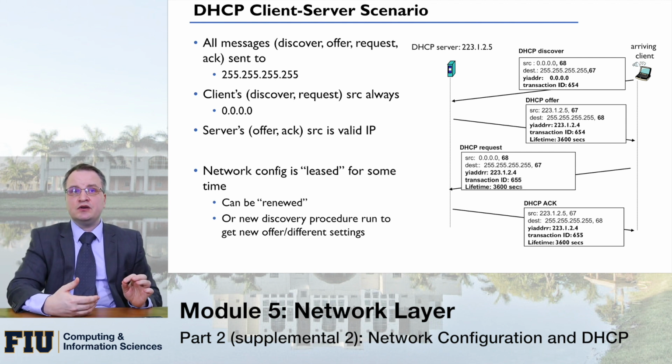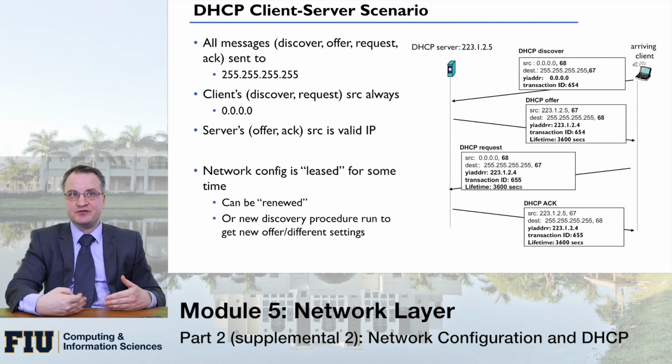One thing I would like to note about DHCP is that all the resources are given to you temporarily. If you open the network preferences in most systems, you will most likely see the word lease, or renew the lease, or some kind of renew. This reflects the temporary nature of DHCP configuration, because DHCP gives you more than just an IP address. It depends on the configuration of the system.